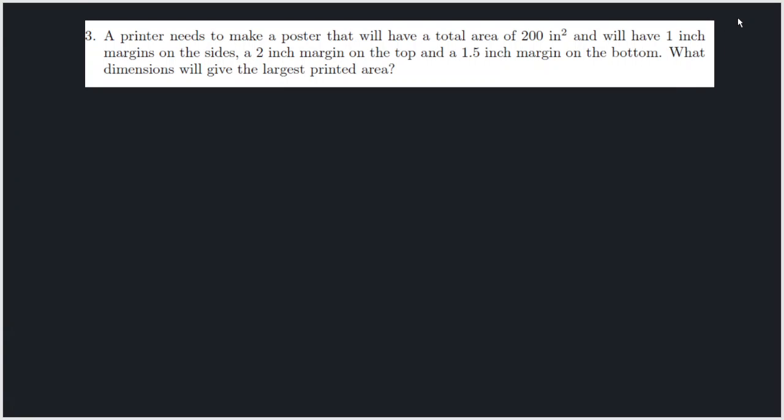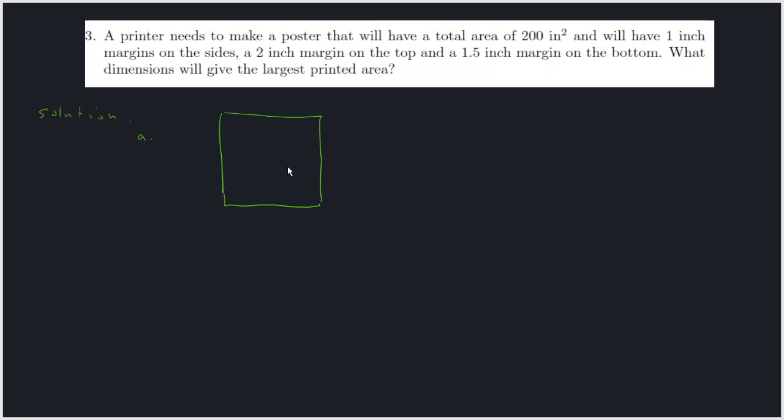Now let's try to draw a sketch, so we understand the problem. In step A, let's draw a sketch. You are going to have a poster. The poster is a kind of rectangular shape, something like this, right?